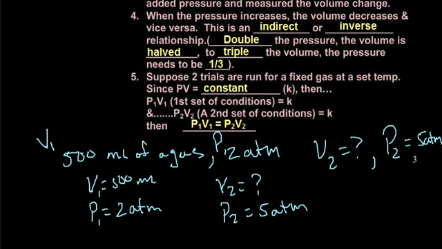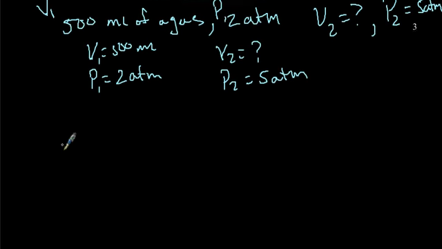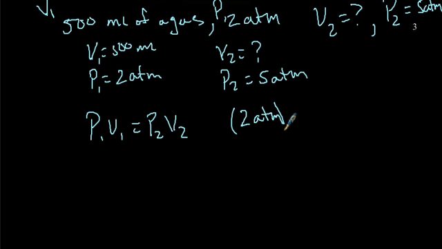Well, we would then take these values and set P1V1 equals P2V2. That would be our pressure of 2 atmospheres times 500 milliliters.